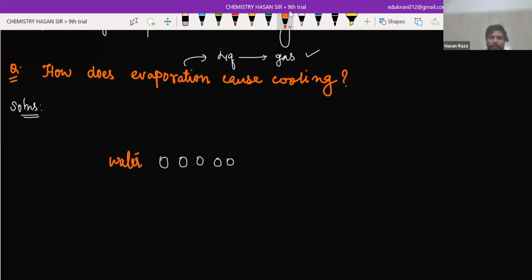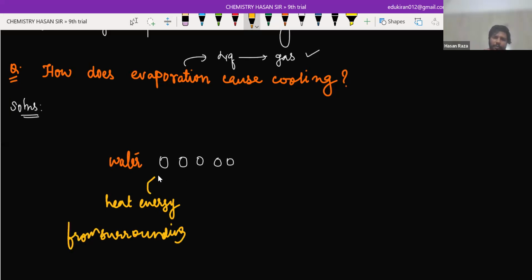Now, what will happen? This water will absorb heat energy from the surrounding. And what will it do?